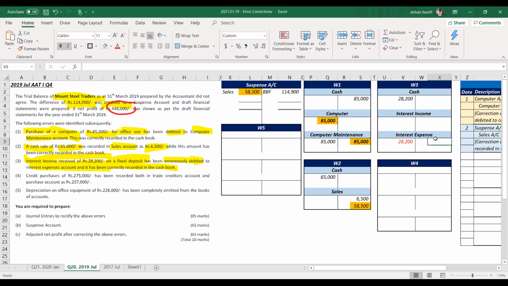Yes. So interest expense we have to deduct, remove 28,200. Interest income also will be credited, and the total amount should be debited. 56,400 should be debited to the suspense account. Interest income credit, interest expense also credit. Suspense account will be debited.